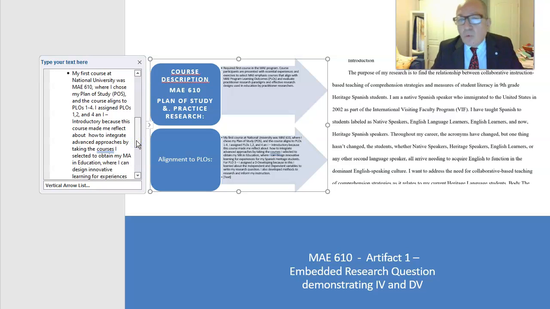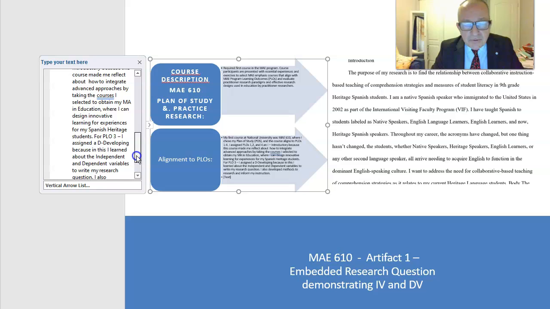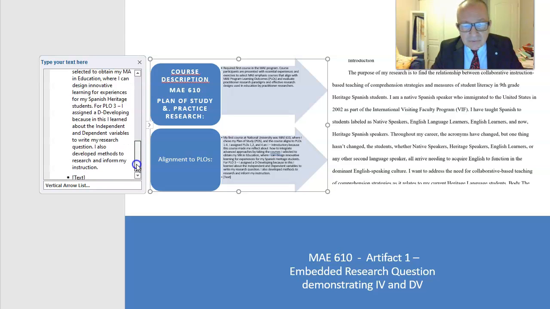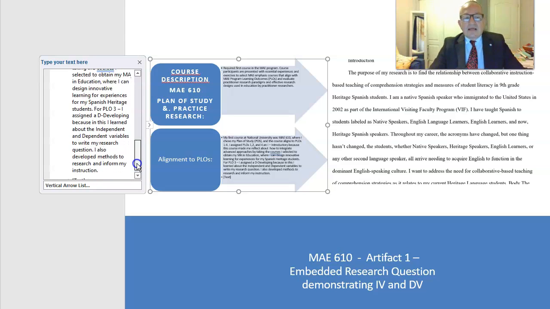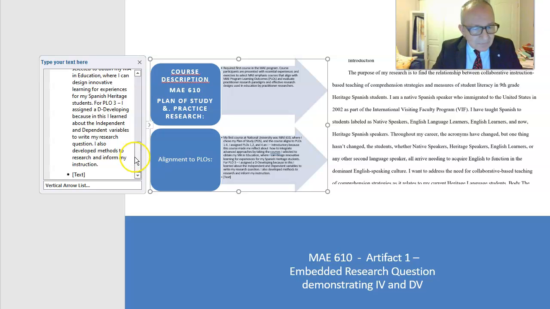For PLO 1, 2, and 4, I assign I for introductory. And for number 3, I assign developing because in this course, I learned about the independent and dependent variables. I wrote my research question.